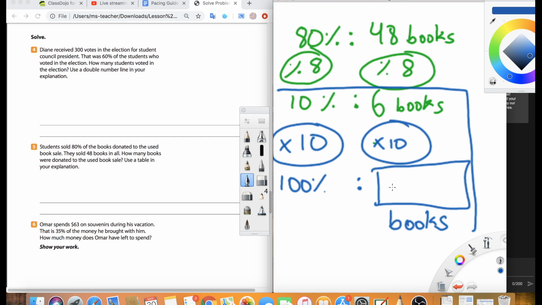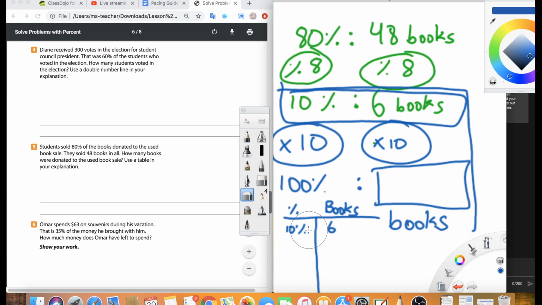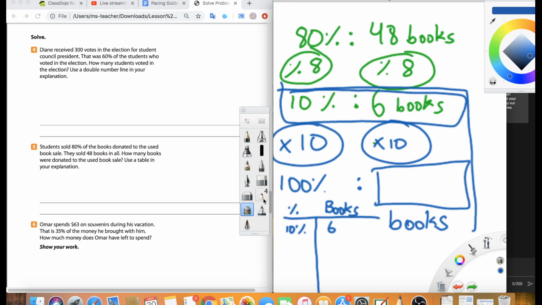If you wanted to use a table, you would use this ratio to make your table. So you would say 10% to 6 books. It would look like this, books, and percentage here.